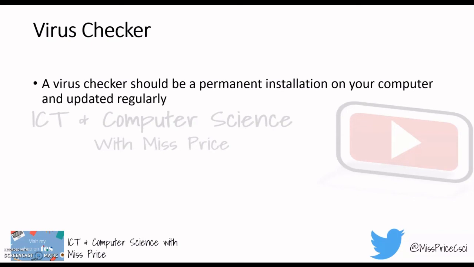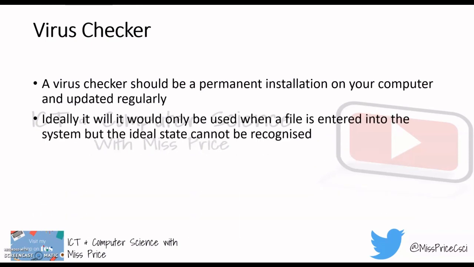Now, a virus checker really should be a permanent installation in a computer, and it should be updated regularly. When you buy the virus checking software and install it onto a computer, whenever there's an update, you should update it on your computer. If there are any new viruses that have been transmitted, the database will be updated to stop them from getting through.